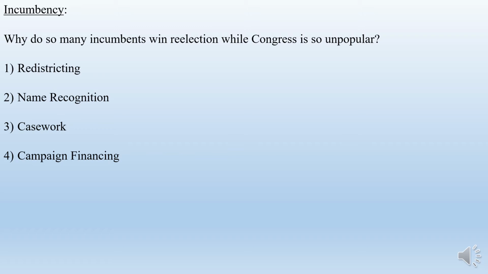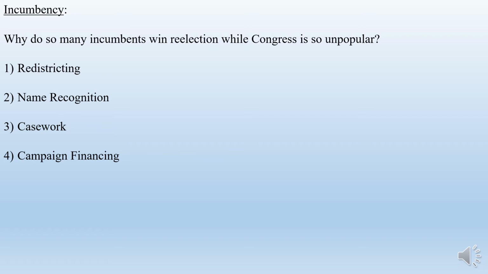Another thing about Congress people, mainly in the House, is casework. We see the Congress people, both in the House and the Senate, on the floor giving speeches and voting, but what you don't really see is what they do behind the scenes. And a lot of times they solve problems for their constituents.